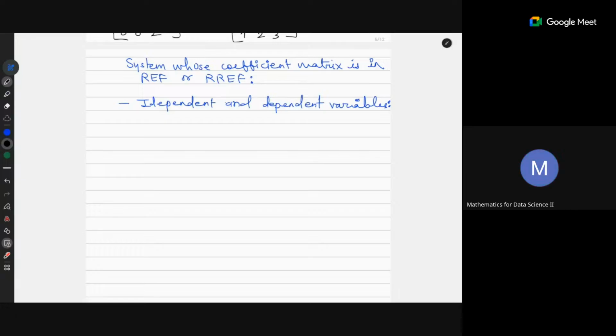Yes, Abhishek. Sir, if my leading coefficients are the diagonal, then all the non-diagonal elements will be 0.